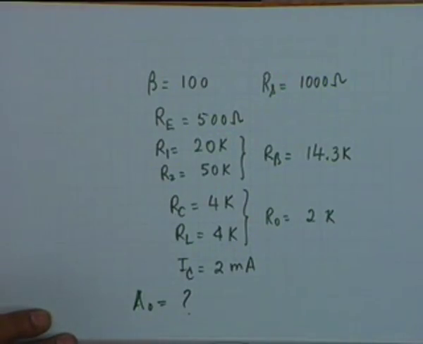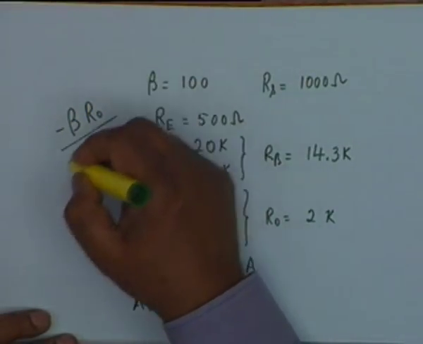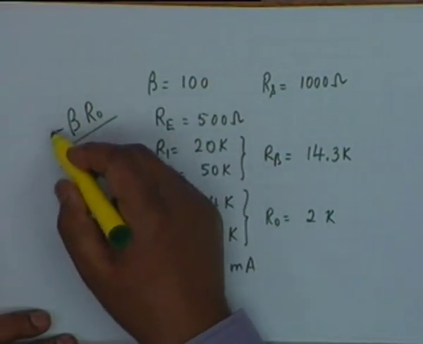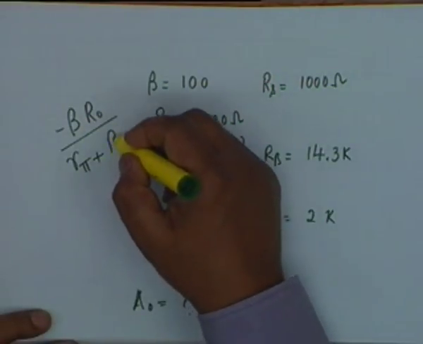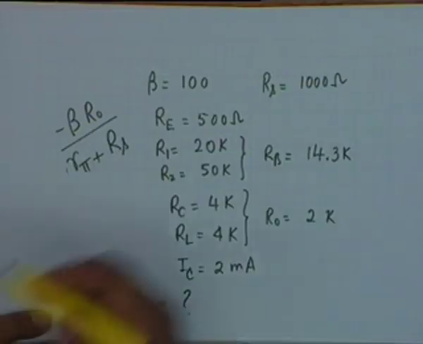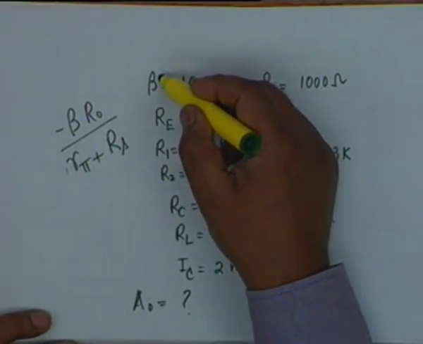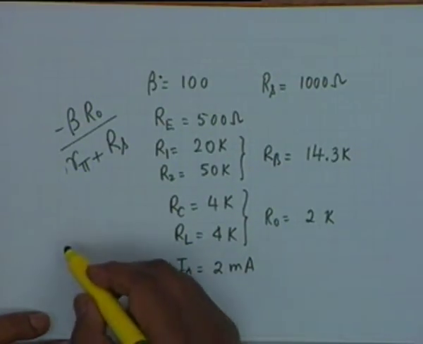Obviously, for mid-band gain calculation, minus beta R0 divided by R pi plus Rs. You understand the meaning of the minus sign, because the output voltage is out of phase with the input voltage. Therefore you need the value of R pi. We have been given the value of beta, and we know what I sub C is, the quiescent collector current, and therefore we can calculate the value of Gm.